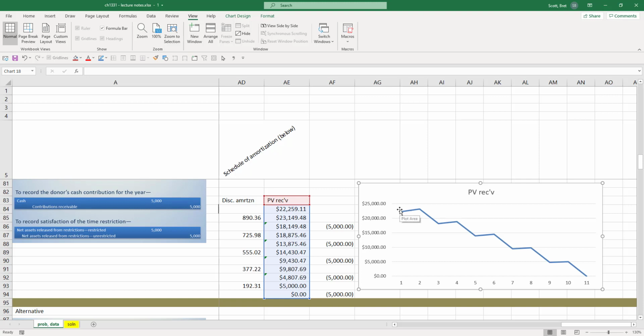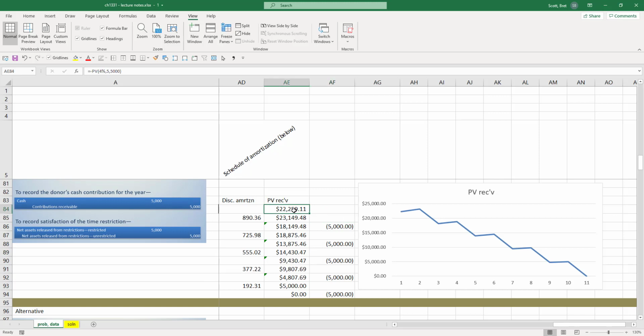So what does that look like from a present value perspective? It starts off at $22,591. There's interest earned on that promise, and then it gets paid off. And the remaining balance earns interest, it's paid off. Earns interest, paid off, earns interest, and then it goes to zero at the end of the 5th year. Total amount of payments is $25,000.